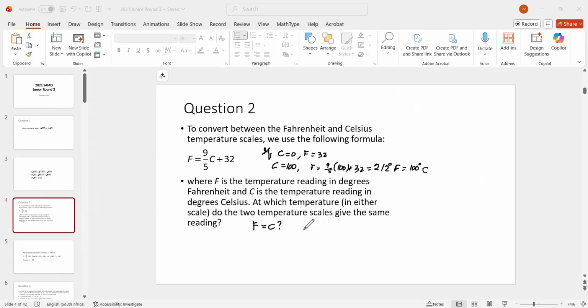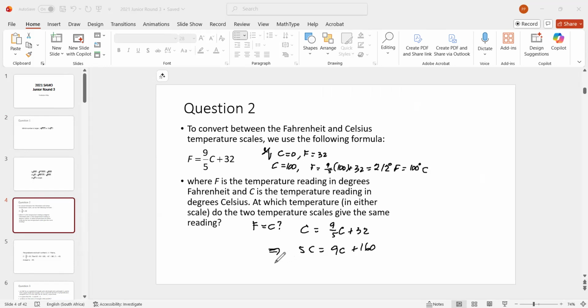So therefore, we've got the formula for F, so we'll replace F by C. In that formula, you got one equation with one unknown. We can solve. I don't like fractions, so I can multiply by 5 right throughout, and the 5 is cancelled to get this.